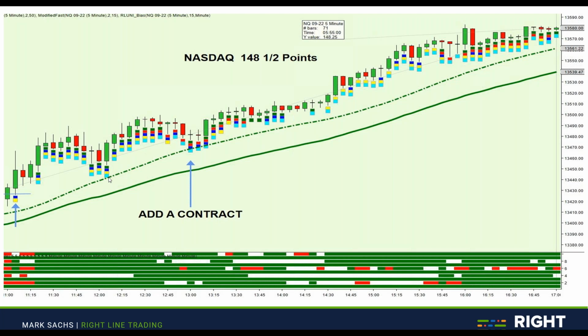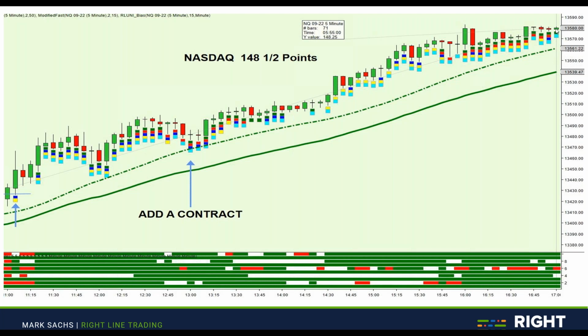And what you have the option of doing is adding a contract, because you've got a 4-box pullback. All you're missing is the NYSE. The likelihood of bouncing off support is extraordinarily high. You add a contract, it heads up, retraces right back to support. You add another contract, and then up you go for 148 points.